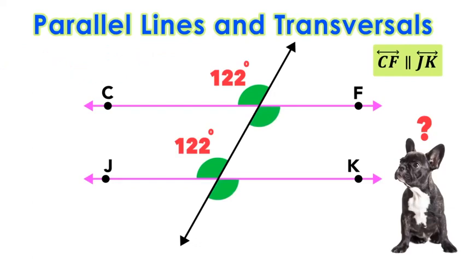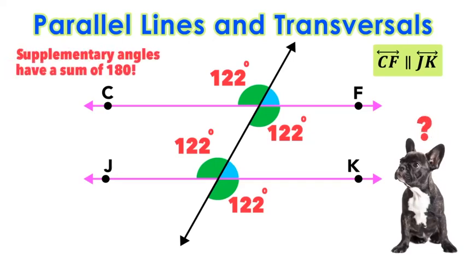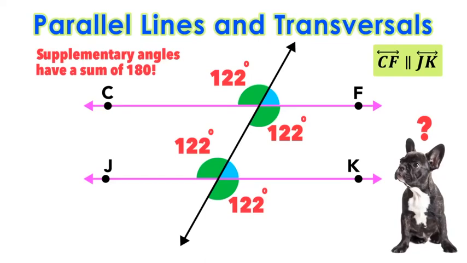Let's start out with the angles directly opposite or vertical to the angle that we just found, which was 122 degrees. We know that vertical angles are always congruent, so in this case, the angles opposite are also 122 degrees. Okay, I'm cool with that, but how do we find the other angles? Now, we should remember that angles that are linear pairs are supplementary, meaning that they have a sum of 180 degrees.